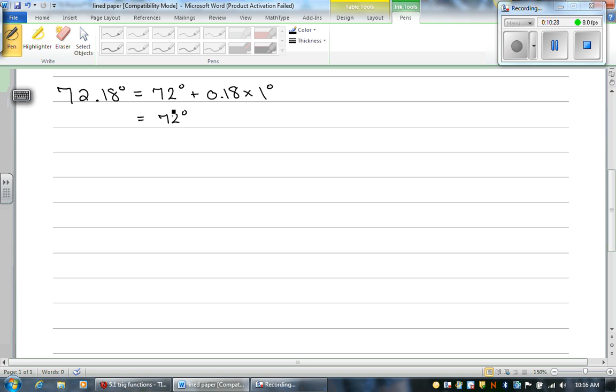So this is still 72 degrees plus 0.18, but I know that 1 degree is equal to 60 minutes. So we're starting to convert. Okay. So when I multiply these two together, I wind up with 10.8 minutes.